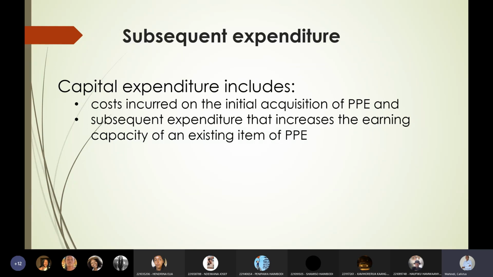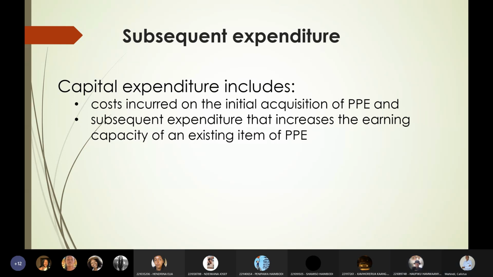So for example, let us say you have flats, right? And you want to increase the income earning potential of that flat. So you extend the flat, right? Maybe you build upwards, you add an extra floor, so that you can rent out those additional rooms, for instance.